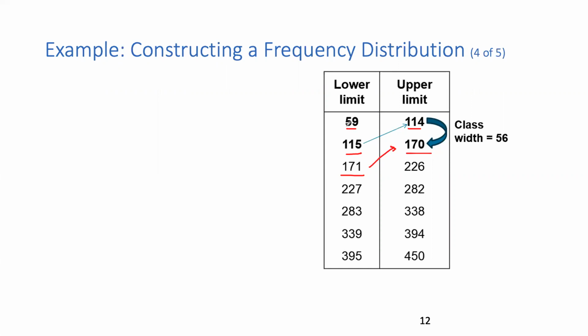So if I take the difference of any two consecutive lower limits, or any two consecutive upper limits, that should always be equal to the class width. And that's true everywhere. Look, if I take the difference between these two upper limits, 450 minus 394, that's 56, right? The difference between any two consecutive upper limits or any two consecutive lower limits is always going to be equal to 56.